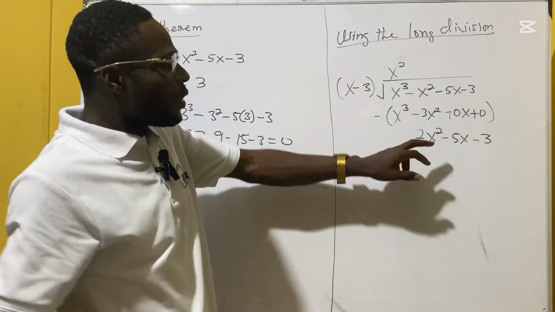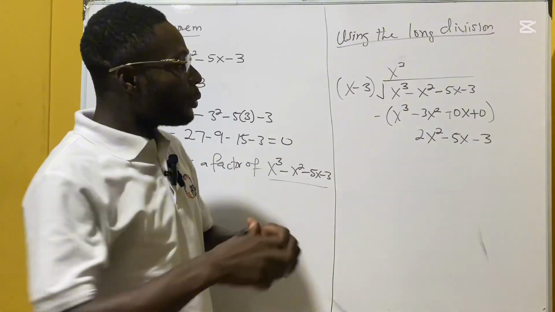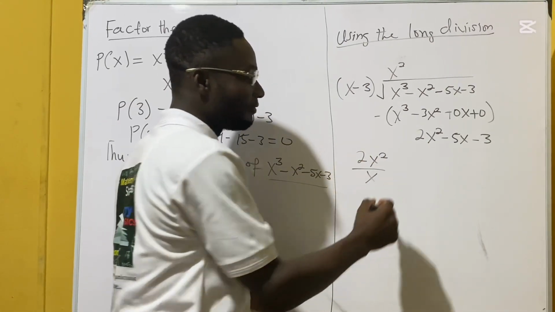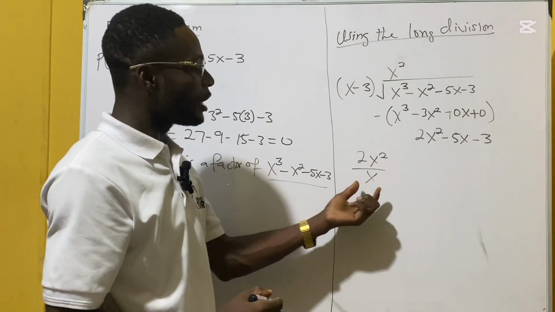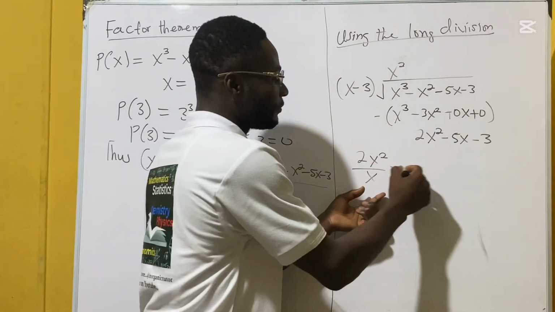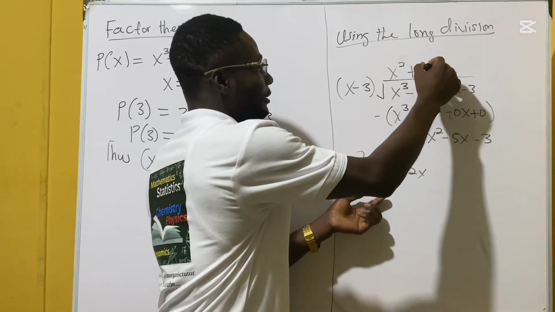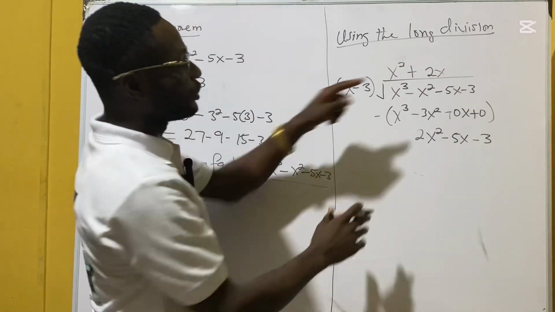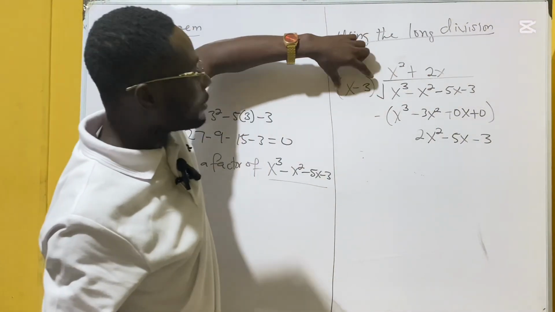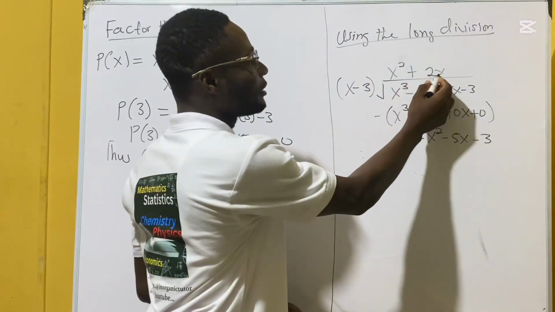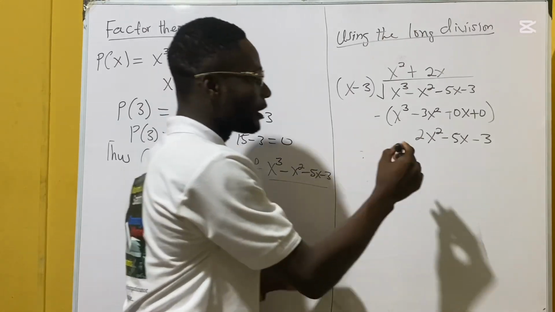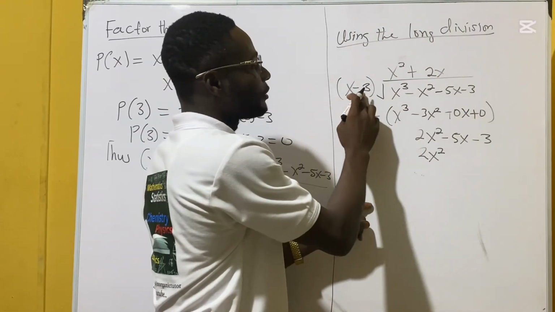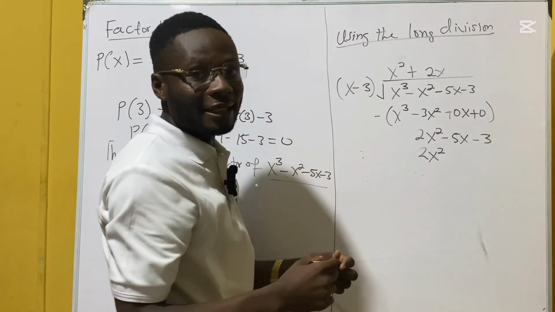Now we can still use this to divide by x. When we divide that, we have plus 2x. Once we have that result, we use it to multiply everything here. 2x times x becomes 2x squared. 2x times minus 3 becomes minus 6x.